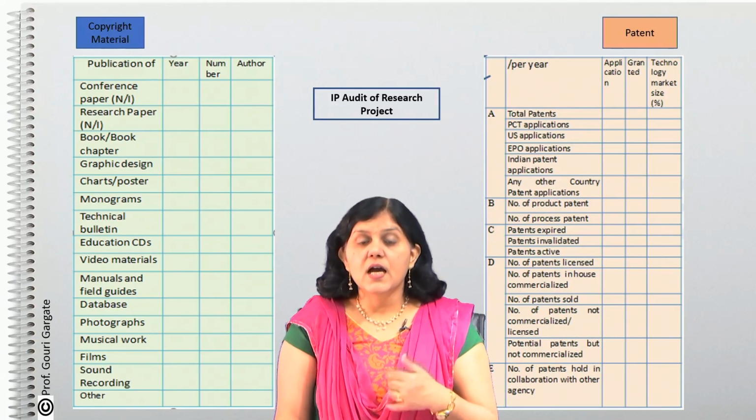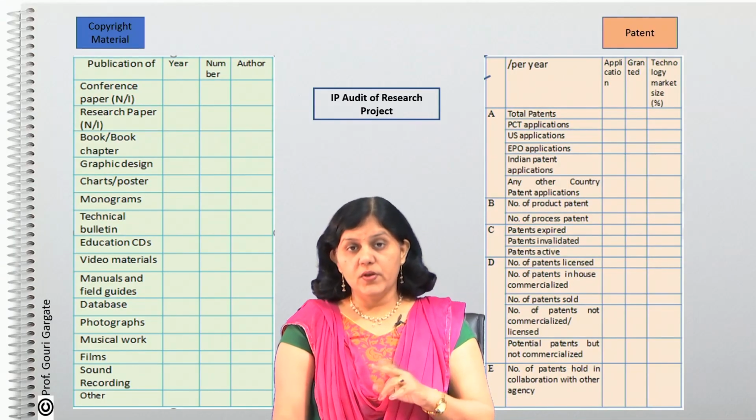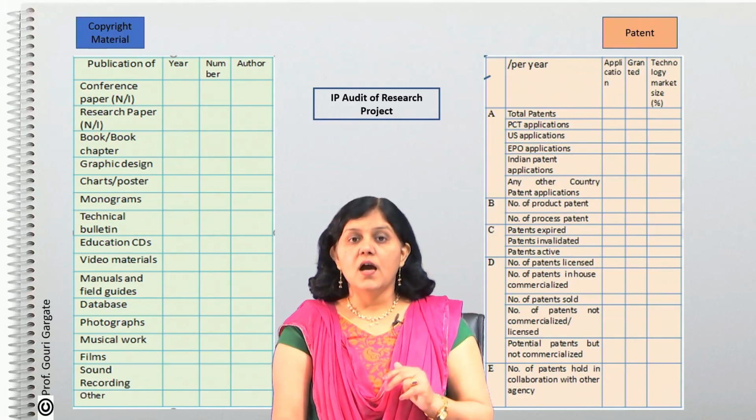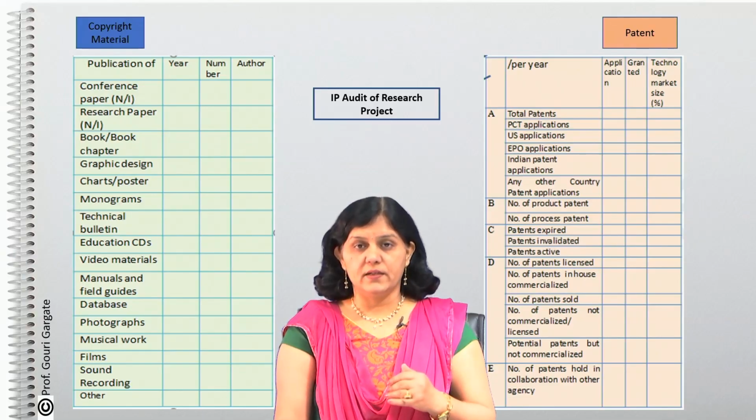Then the next is how many product patents are there, how many process patents are there. We know these two definitions now, so you can list that. How many patents are expired, how many are invalidated if any.